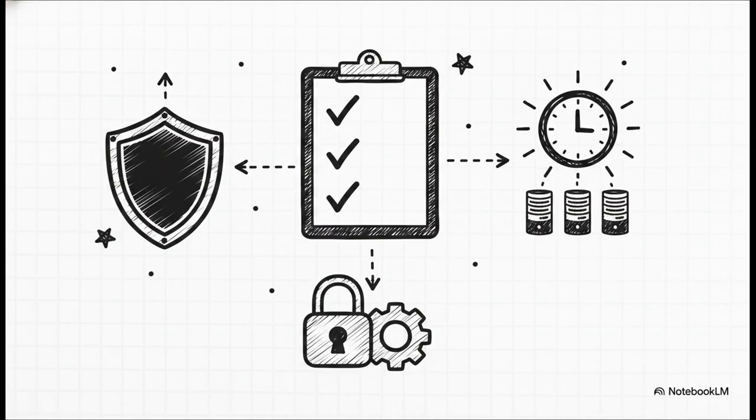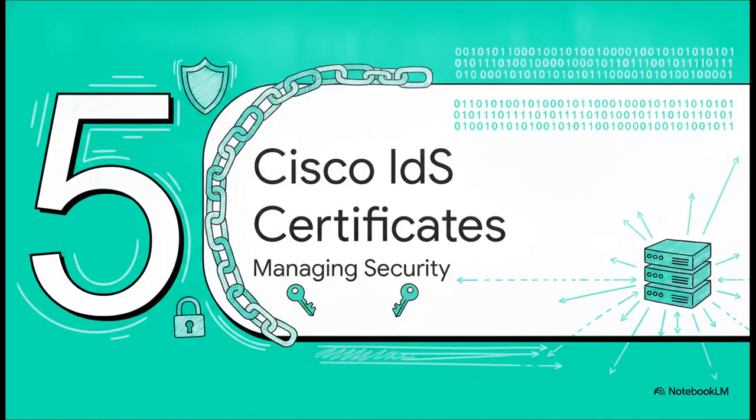Why? Because those access tokens we talked about have incredibly strict lifetimes. Even a tiny split-second time drift between servers will cause instant authentication failures. Finally, when you're configuring your relying party trust, make sure the secure hash algorithm is set to SHA-256 for proper security compliance.